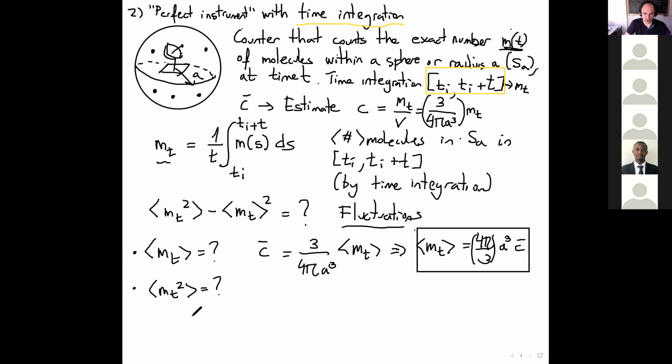I'll do a short break, but first I'll write the formula, and then I continue the calculation. So MT squared without the average is the square of this. Be careful, because this is related to your Brownian bridge problem. When you have this and another thing that looks the same and you want to do the average, be careful, because there are two time indices.